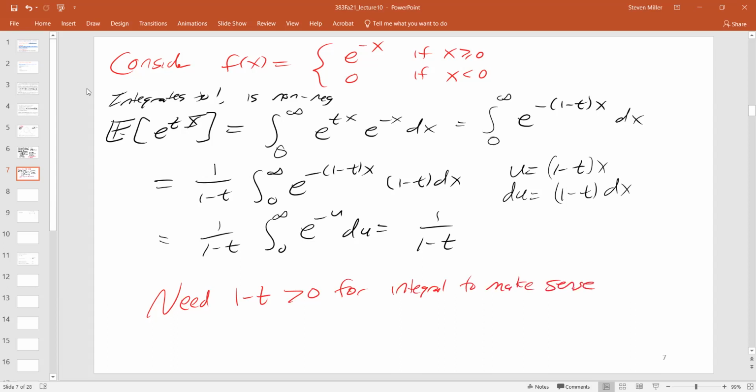Right? So that means we need t to be less than 1. So here the moment generating function exists, but not for all t. So the moment generating function exists for some, but not all t.